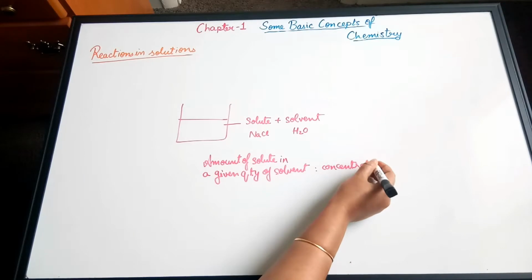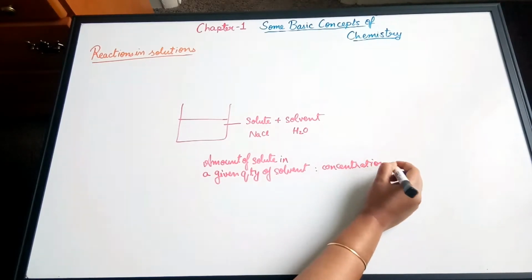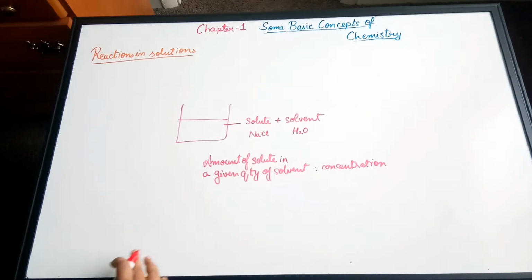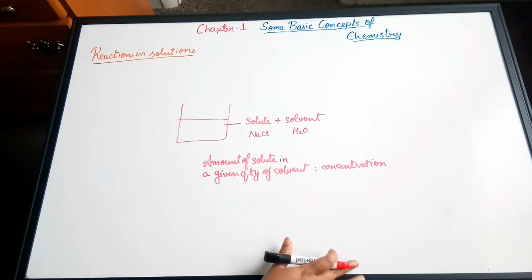How much amount of solute is present in that particular amount of solvent is given as concentration, and there are various ways by which we can show the concentration of that particular solute in the solvent. So in this video we will be learning the various ways of expressing concentration.